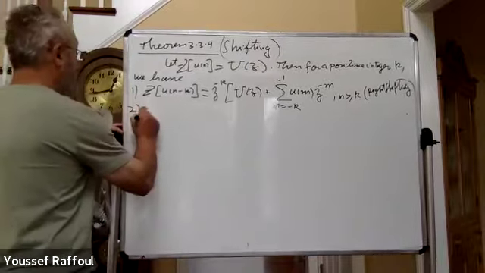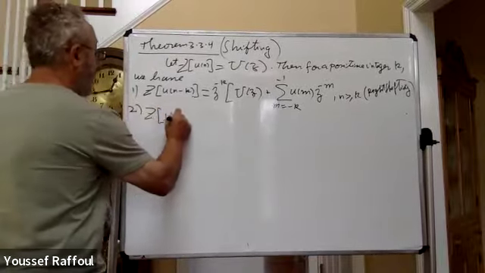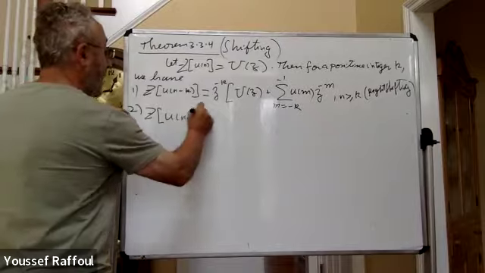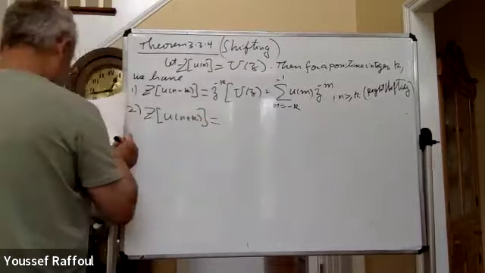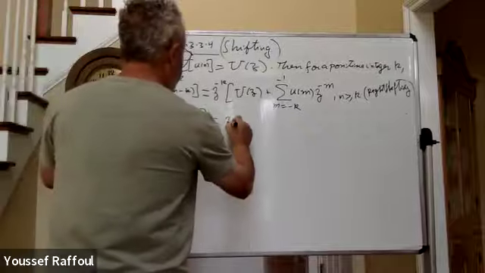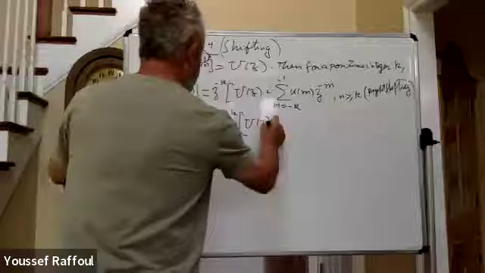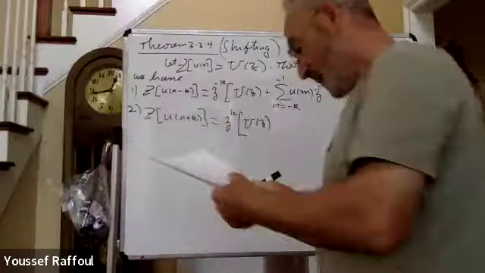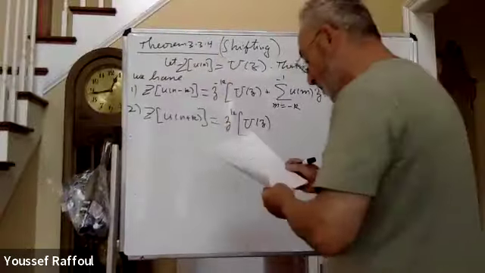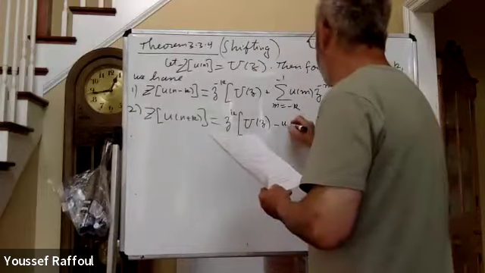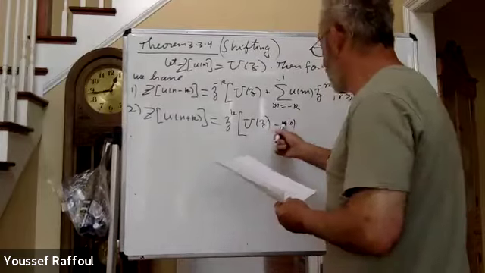Two, Z of u_(n+k) is z^k U(z) minus u_0. Now this is a small sequence.